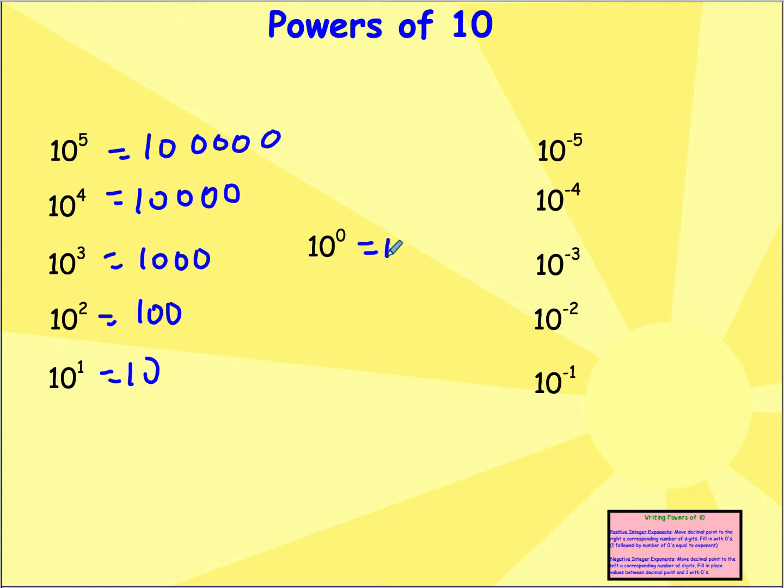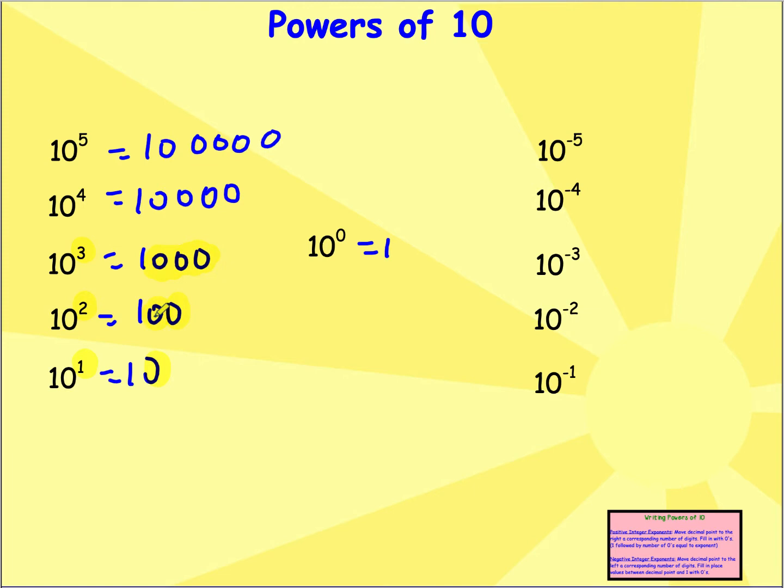So is there a relationship? Yes, there is. Let's look at the relationship that we're seeing. If I look at the relationship between the exponent and the number of zeros when the exponent is positive, I see there's a direct correlation.